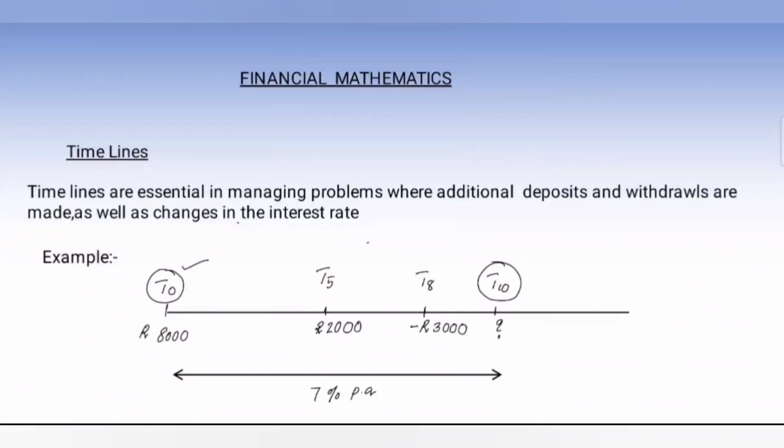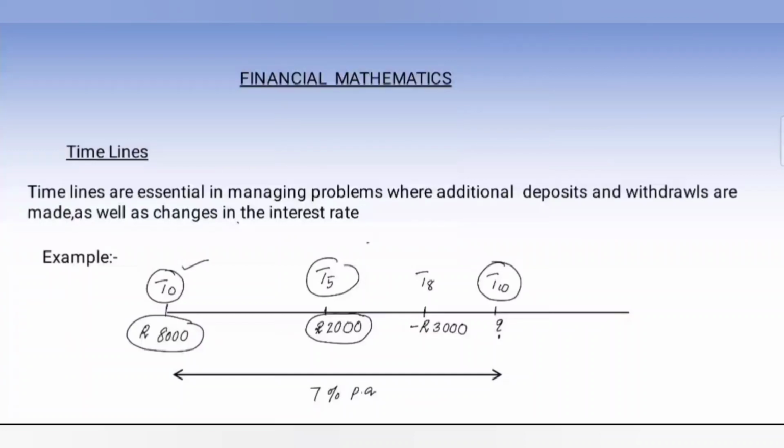What do you understand from this? Open an account with 8,000 Rand. After 5 years, that is why I put T5, you deposit another 2,000 in the same account. Did you see that? Then what happened?